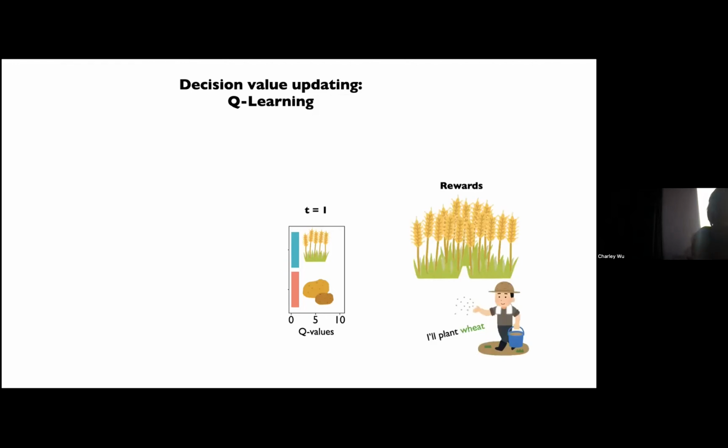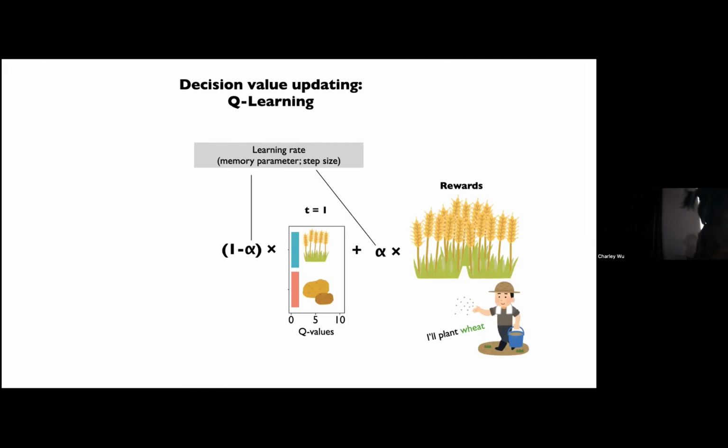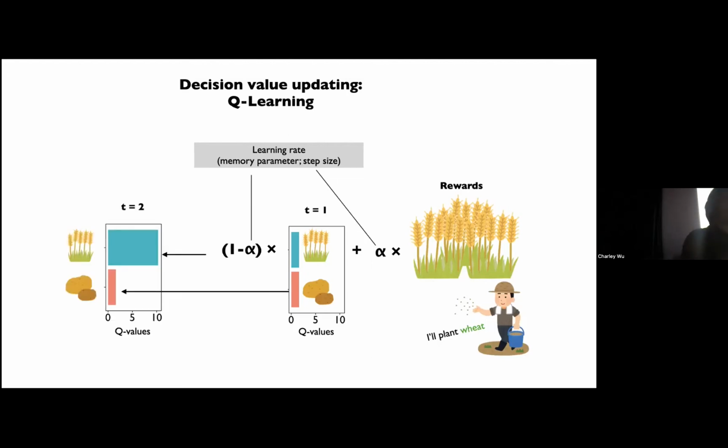Let's say he obtained some money from harvesting the wheat, and this reward would update the Q value for wheat. The simplest way to do that is to assume that the original Q value and the new experience are combined by a weighted average. This produces the new Q value, the Q value for the next step.